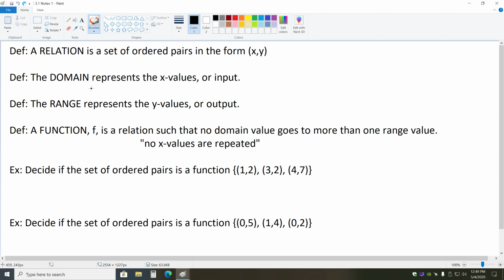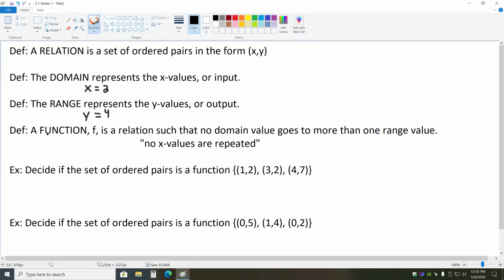You say, I want to know what happens when I plug in the value x equals 2. And the range represents what happens when you plug in x equals 2. You get something like y equals 4. So the domain is all of your x values, the range is all of your y values.